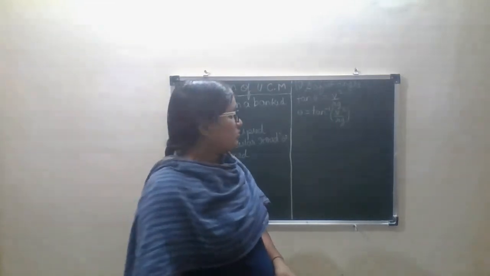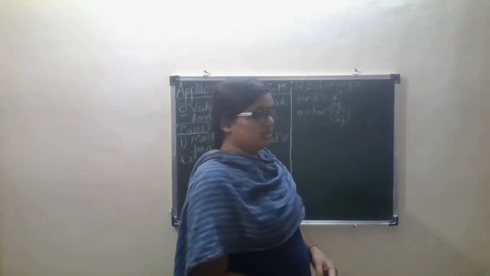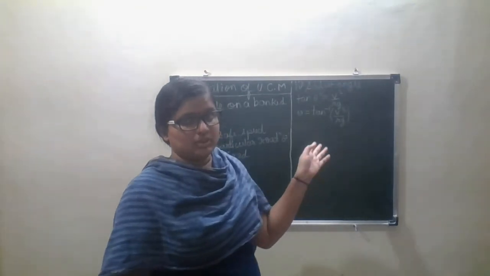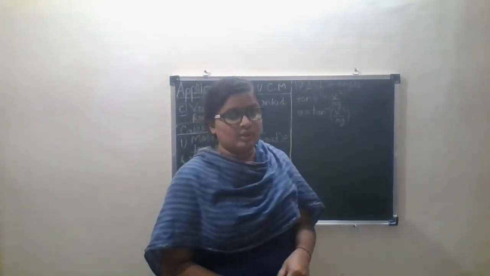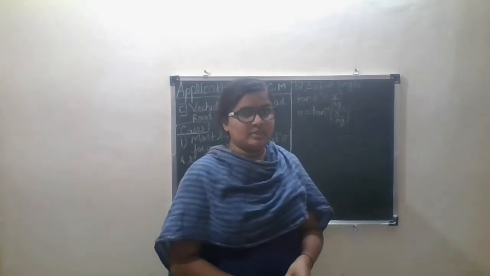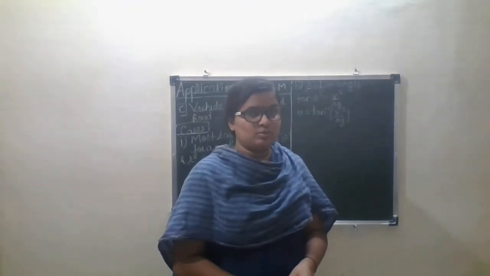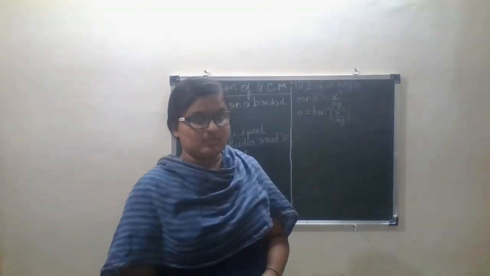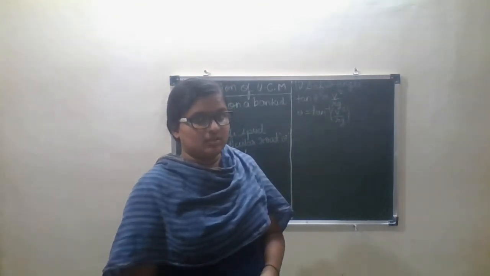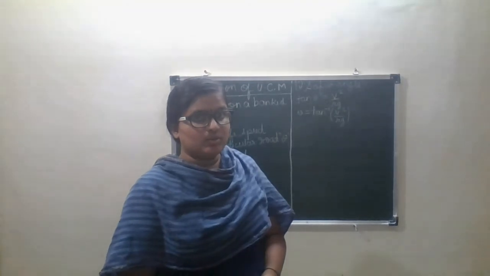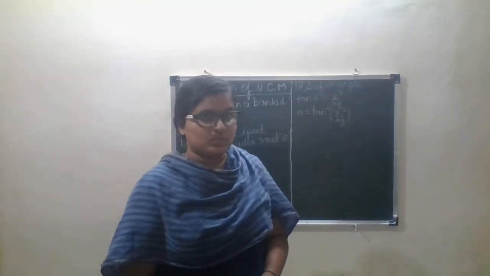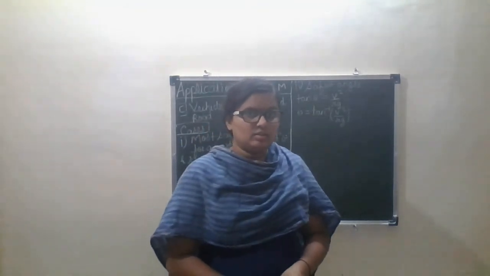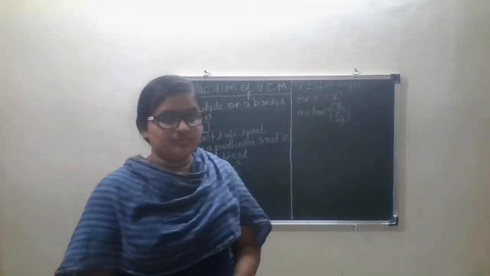We know the equation tan theta is equal to v square upon rg. Then theta is equal to tan inverse of v square upon gr.